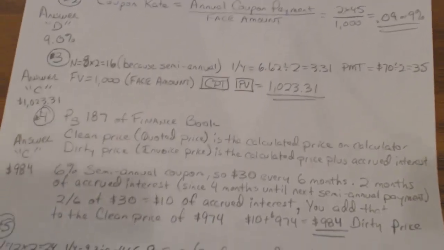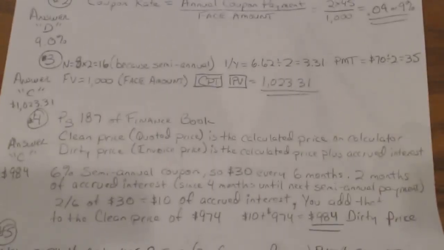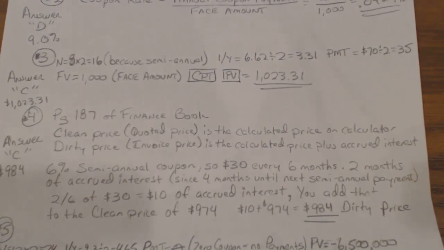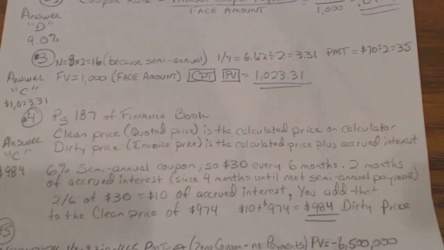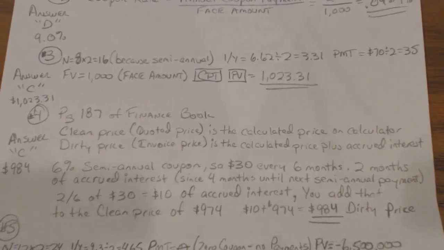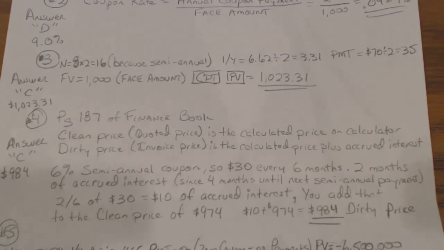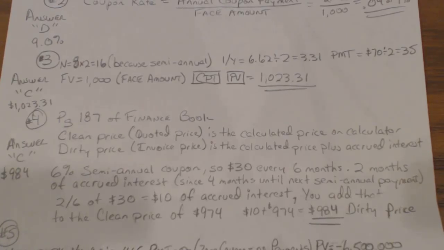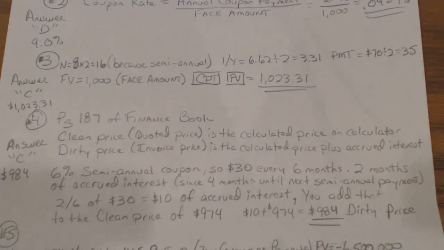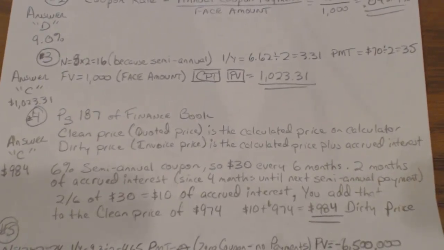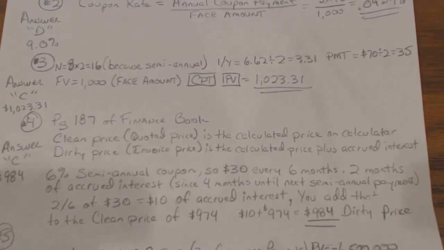Number 4, okay, clean price and dirty price. If you look at your finance book, page 187, basically clean price is the price you get quoted on the bond market. And that's what you calculate with your calculator. It is just a price based on the market rate of interest, the number of periods, the payment, the coupon rate, and so on.